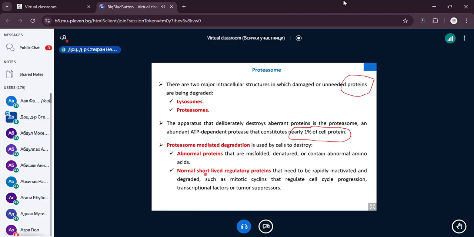They fulfill their function rapidly and then they must be rapidly eliminated from the cell. Such proteins are involved in the regulation of the cell cycle and cell division. These are the mitotic cyclins, which are rapidly synthesized, act, fulfill their duties, and then are also rapidly degraded in the proteasome. Also, transcription factors and tumor suppressors are degraded by the proteasome.